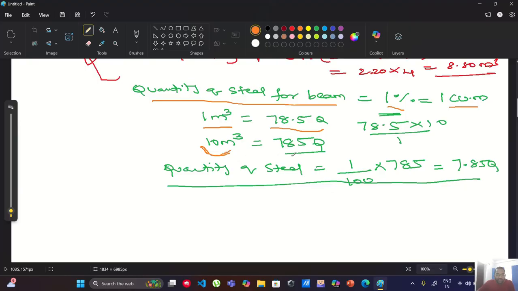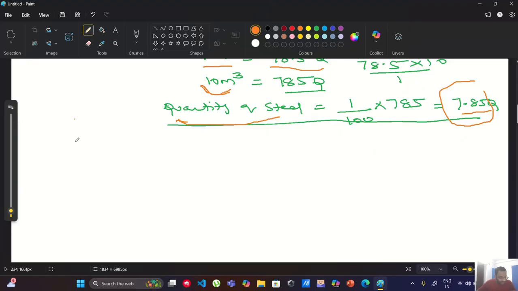For 10 cubic meter it is 785 quintal. Now for this problem we are considering 1%, so 1 by 100 into 785 quintal, and it will be equal to 7.85 quintal for this particular problem.